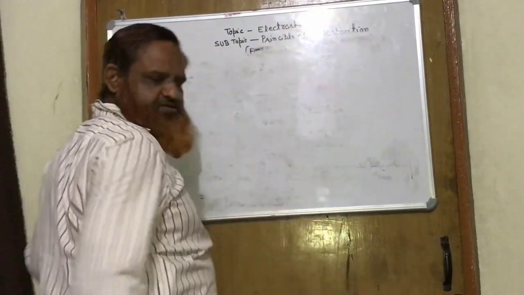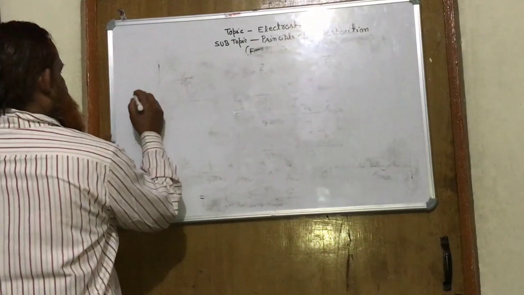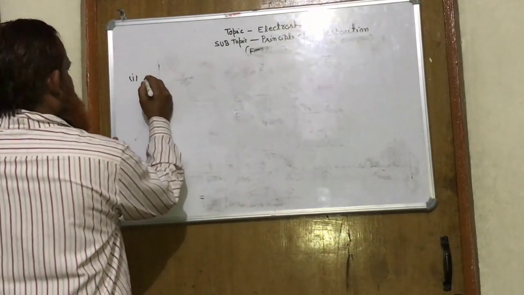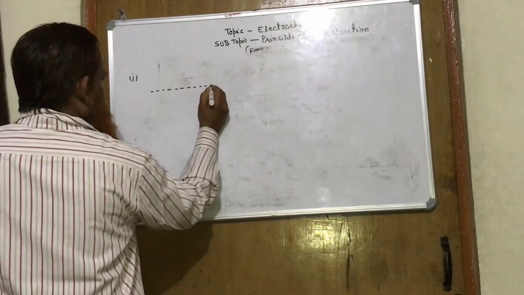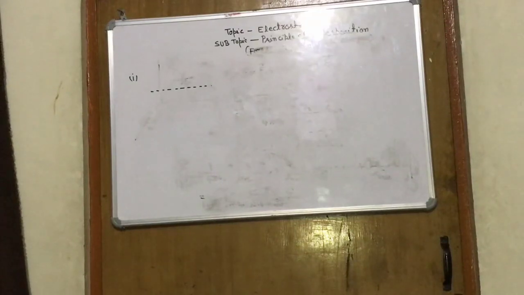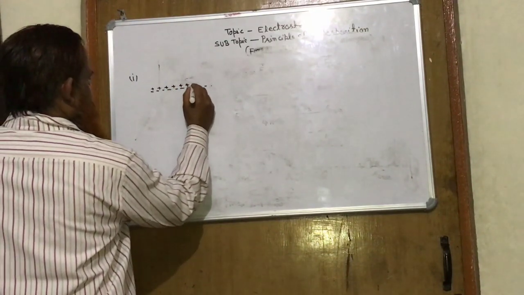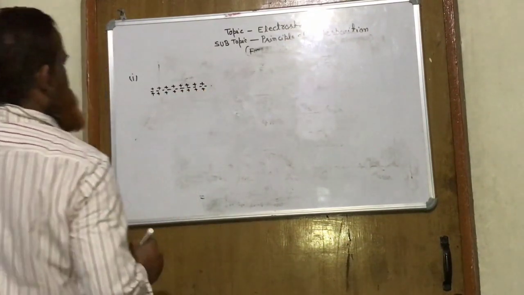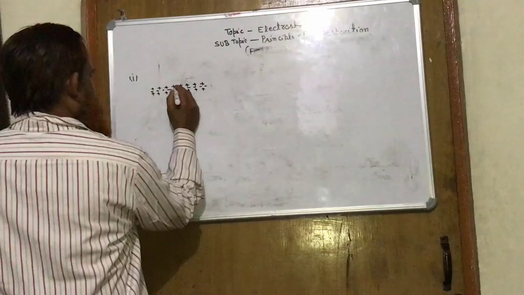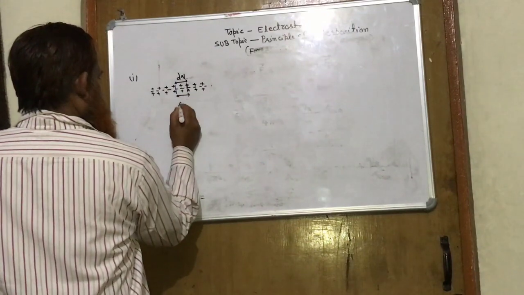Now we will discuss charge distribution. Charge is distributed first linearly, meaning along a line. When charge is distributed along a line, it is called line charge. Let dq charge be spread over dl length.